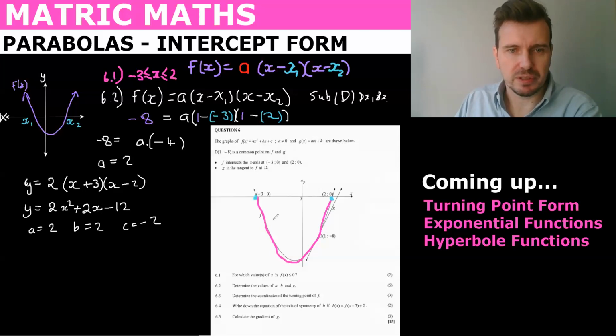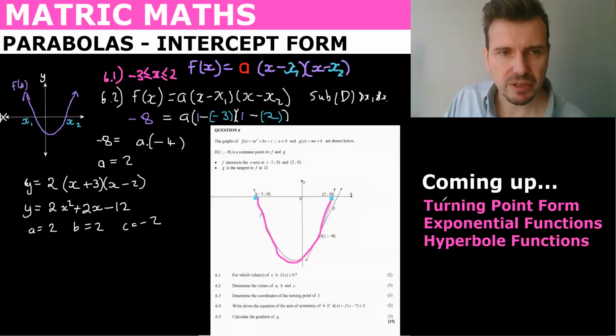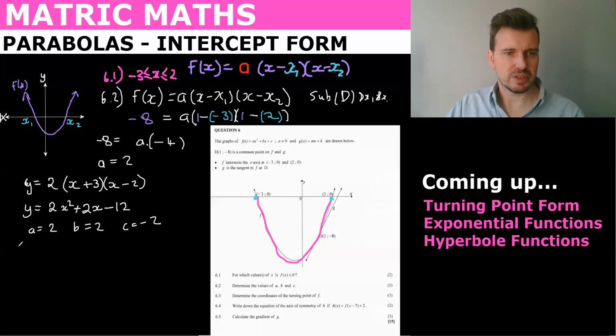Now they want the turning point of the parabola. So to find the turning point, we can simply use our turning point formula, which you need to remember. The x value of the turning point is equal to negative b over 2a.